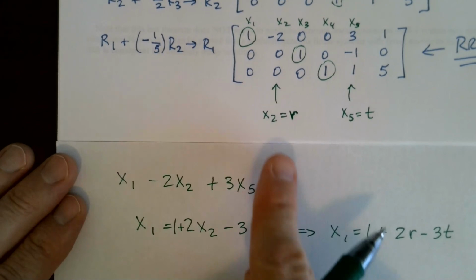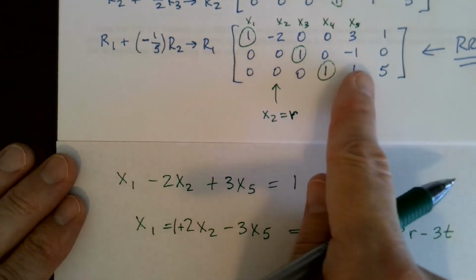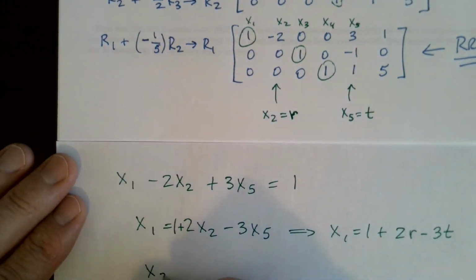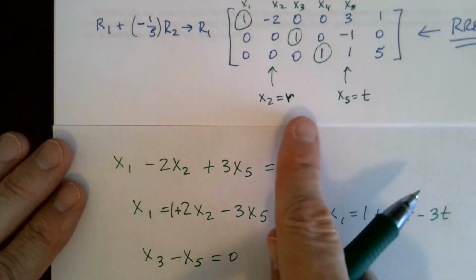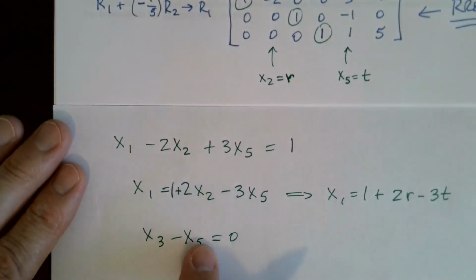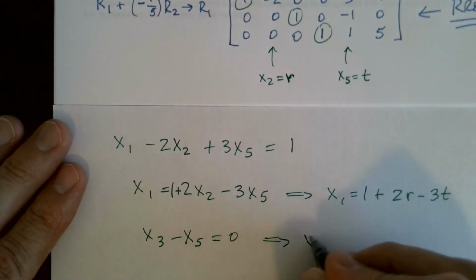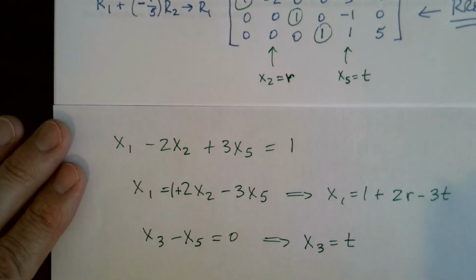Okay. Second equation says x of 3 minus x of 5 equals 0. But x of 5 is t, so x of 3 minus t is 0, or x of 3 is equal to t.